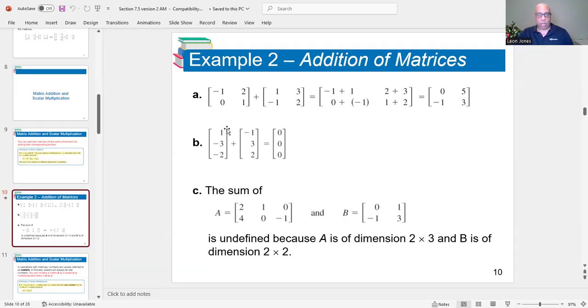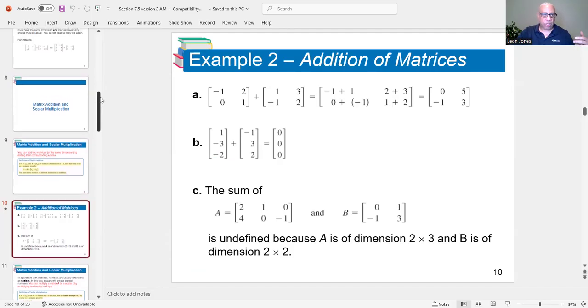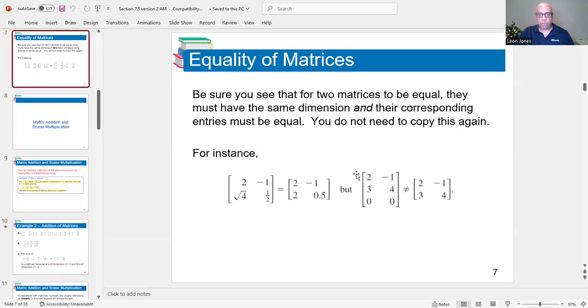And the same would apply for this matrix as well. Now, this is a single matrix, but the same thing would apply. See, the dimensions are the same. Now, for this second one, it's undefined. Why? Because you have a 2 by 3. And correction, going back to this last one here, this is what we call a 3 by 2. 3 rows, 2 columns.